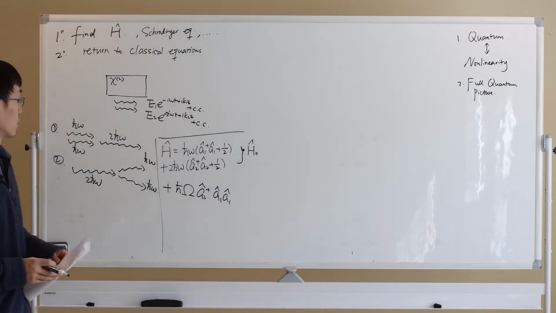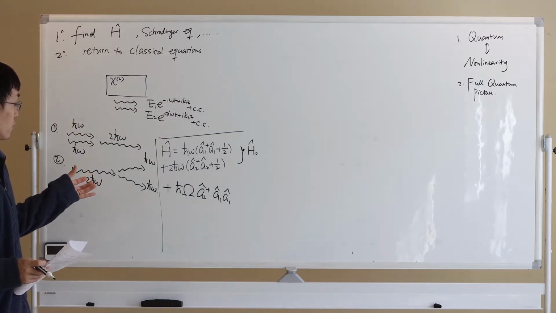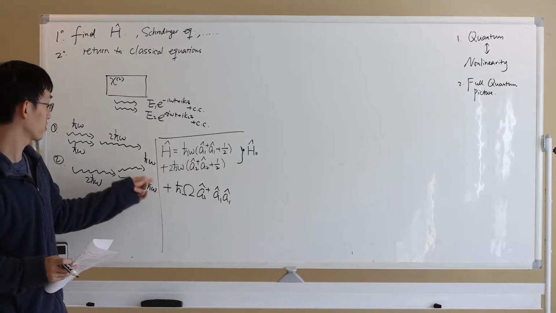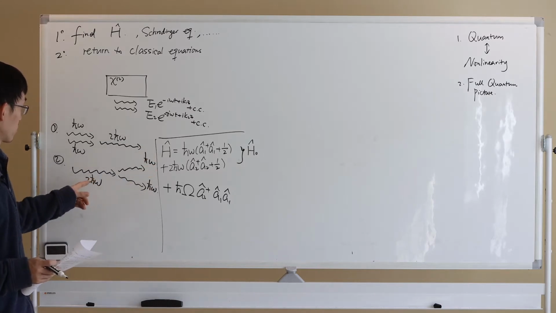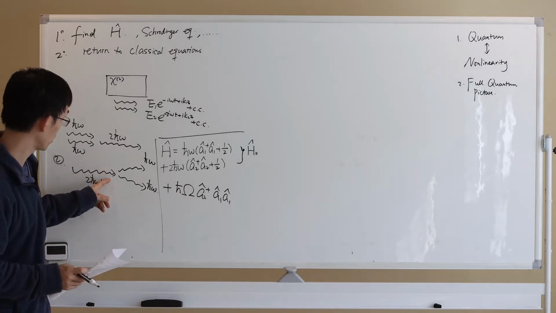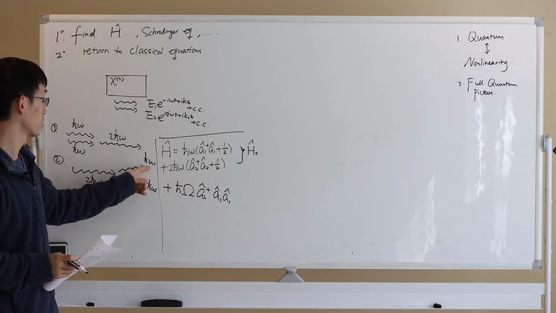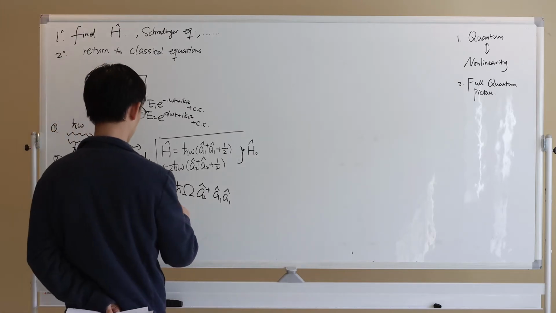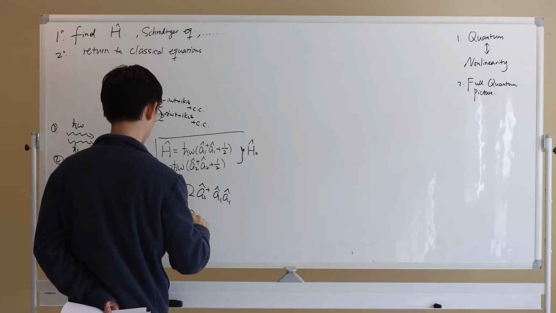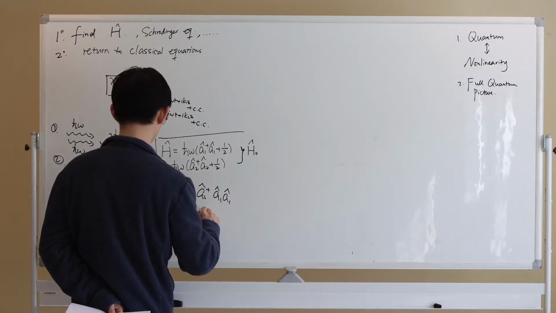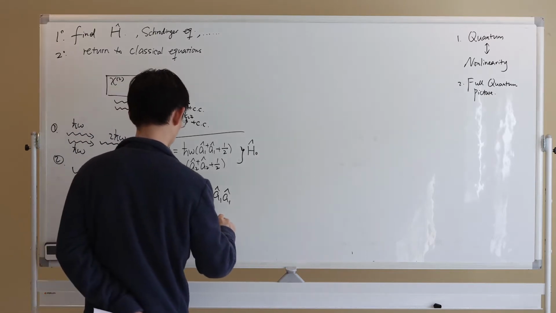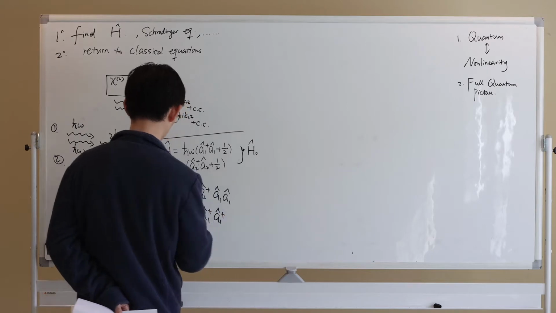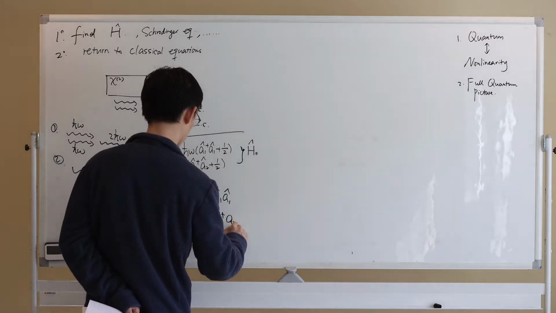And then this reverse process should also be described in the Hamiltonian, which is that a 2 omega photon is annihilated to generate 2 photons at the frequency of omega. So you can imagine this is the second one: generate 2 photons at omega and then annihilate 1 photon at 2 omega.